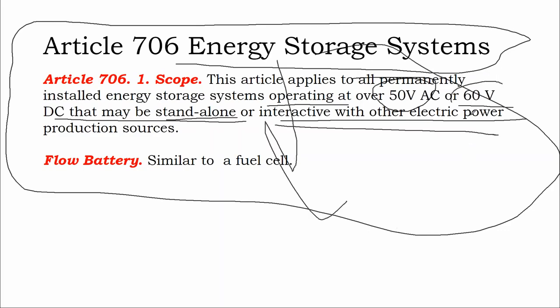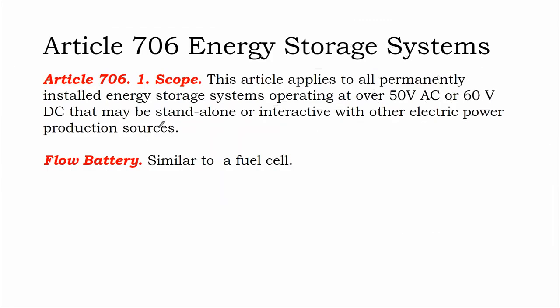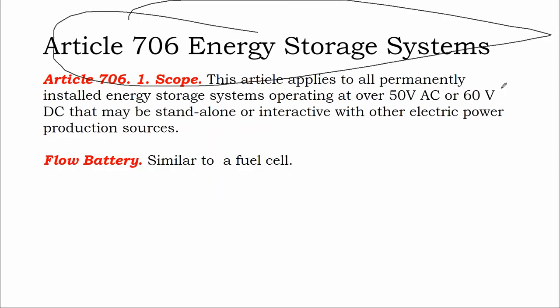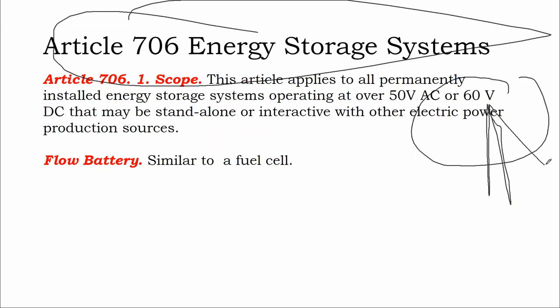You can say, well, what about 60 volts DC? My battery's under 48 volts. Maybe. I don't think it matters. I think you have to abide by energy storage systems, because you want to be looking at battery systems that are over 60 volts. And I say this as someone who hasn't done it before. I've only done 48 volt battery banks, but I've only done lead acid battery banks.